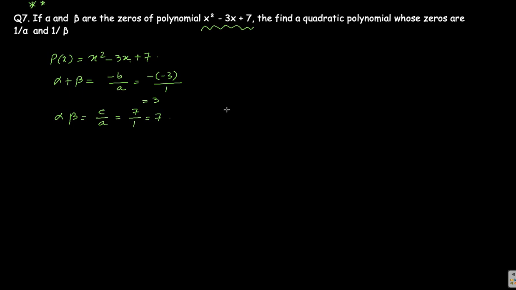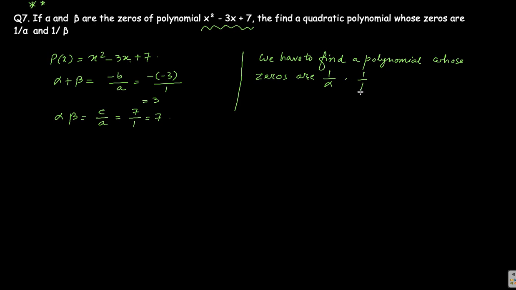Okay, now we obtained these values. We have to find a polynomial whose zeros are 1 by alpha and 1 by beta.